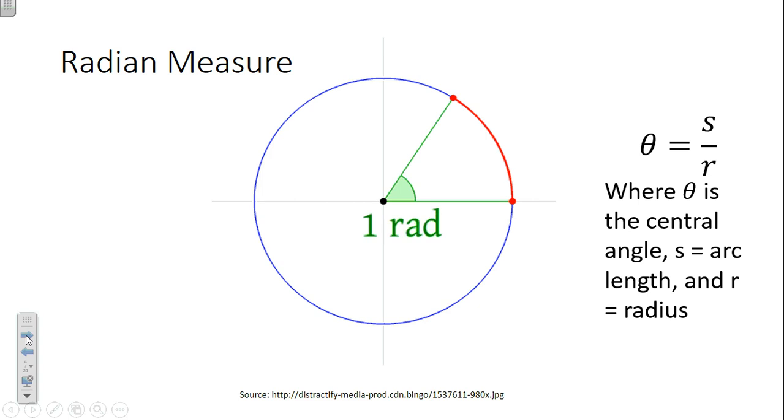And if we know our angle and our arc length, we can figure out what the radius is, and so on. So theta equals s divided by r is our formula that we can use to find the radian measure of an angle in a circle. And we'll use that later.